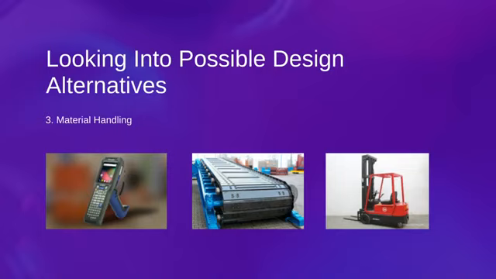We will also use the apron conveyors to move the items in the warehouse. This will provide a fast way of items movement, items transportation inside the warehouse. And we can use also the last figure here.